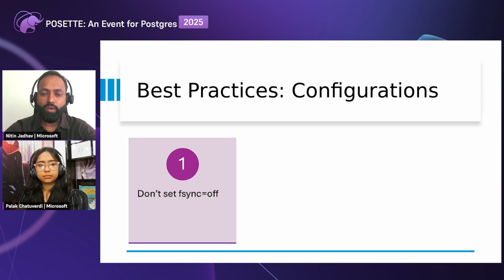Even if PostgreSQL appears to work fine, the underlying data files may be in an inconsistent state. It is allowed to turn off only in testing or benchmarking scenarios where performance is prioritized over data safety. It is not recommended for real workloads or environments where integrity matters.